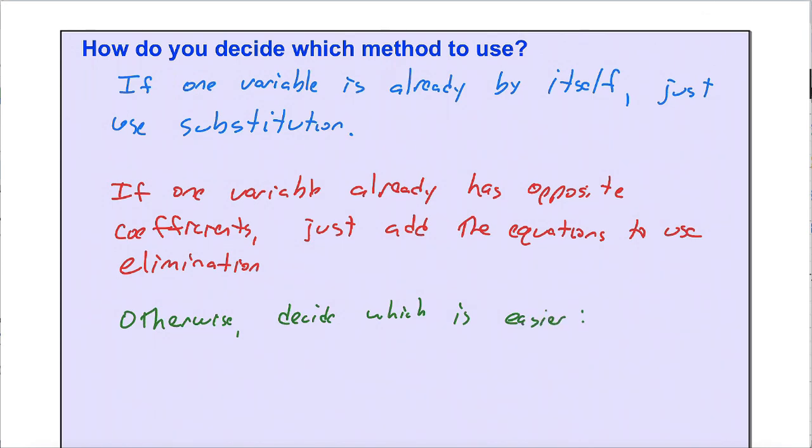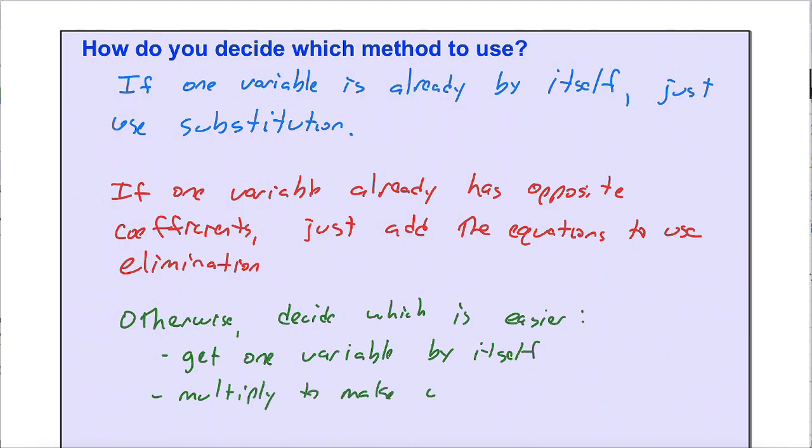Either get one variable by itself, or multiply to make opposite coefficients. Whichever one is easier you can use, but it's worth pointing out that you can always use either one and you'll get the same answer.